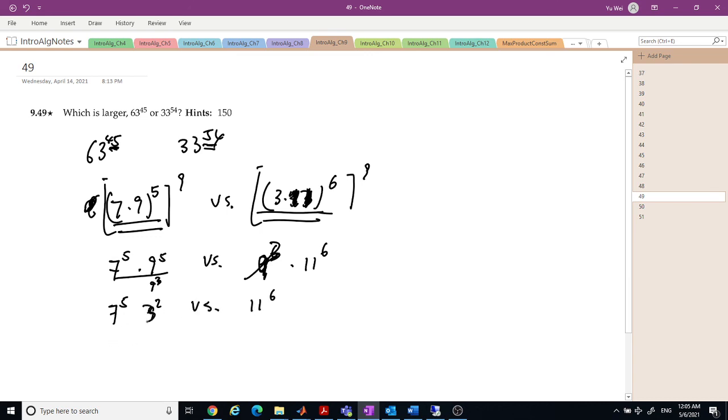Now 9 squared is 3 to the 4th. So we can compare 7 to the 4 times 3 to the 4 over 11 to the 4, with 11 to the 6 over 11 to the 4, after dividing by 7.